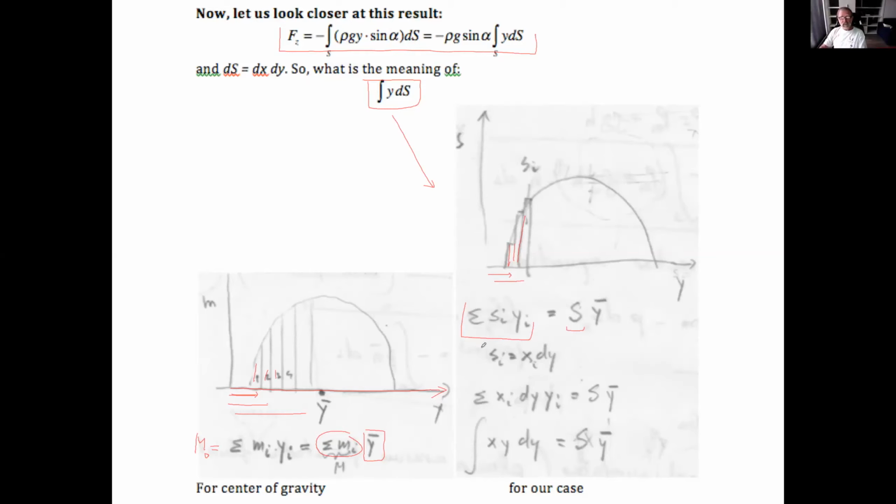And of course, Si is xi dyi. And so it turns out that the integral of x y dy, which I mentioned here as x dy, is equal to S times Y average. So this quantity is actually area times average y.